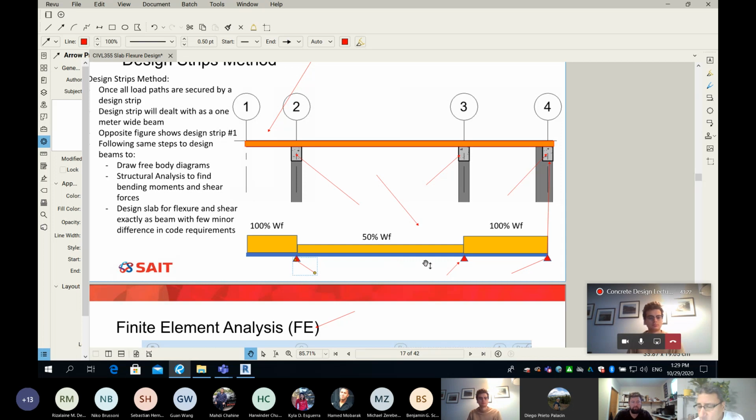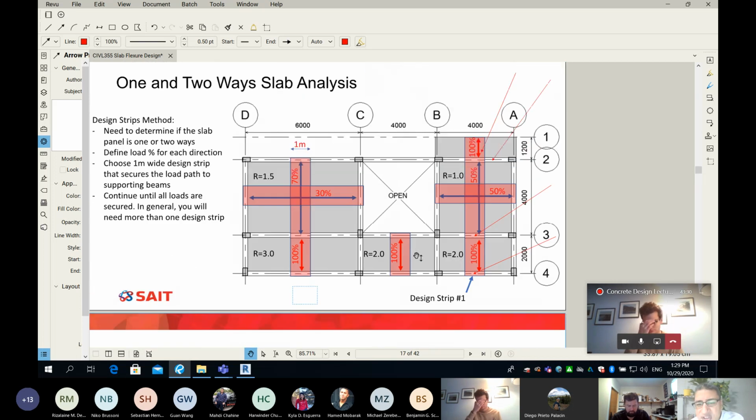I know I'm kind of confusing you. I'm saying slab and I'm saying beam. Because again, as I said, we think about our slab, we take some design strips, and this design strip in my slab will be like a 1 meter wide beam going on top of supports, which are the beams on grid line number 2, number 3, and number 4.